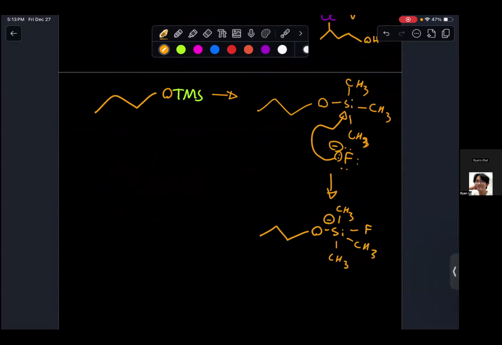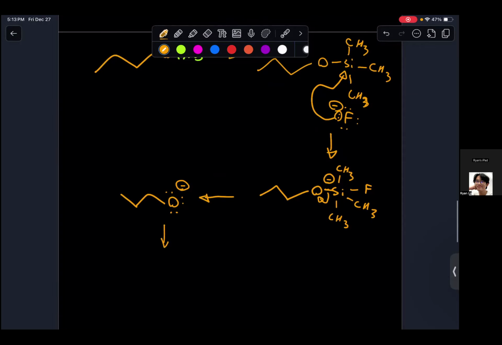And then essentially, this is just going to pop off on its own. And then from here, because the Bu4NF usually has water on its own, it'll just kind of go do a quick proton transfer. And from here, you end up with this.